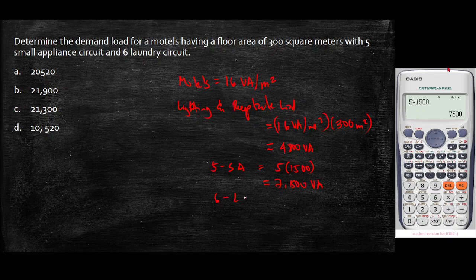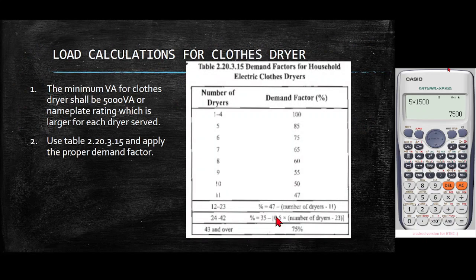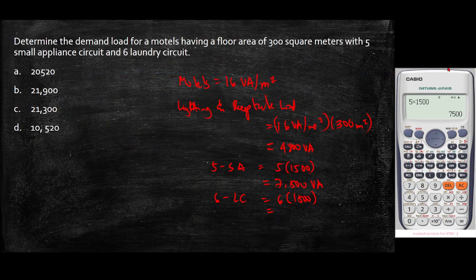So laundry circuit, that is 6 times 1.5. This will be 9,000 volt ampere. So ito i-add natin.